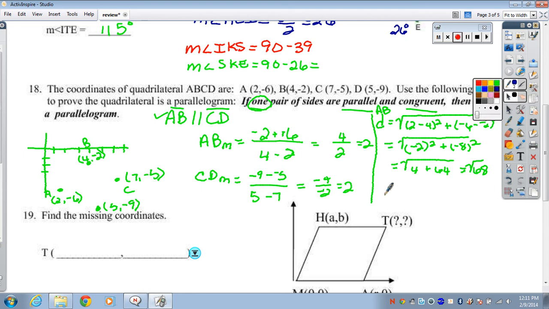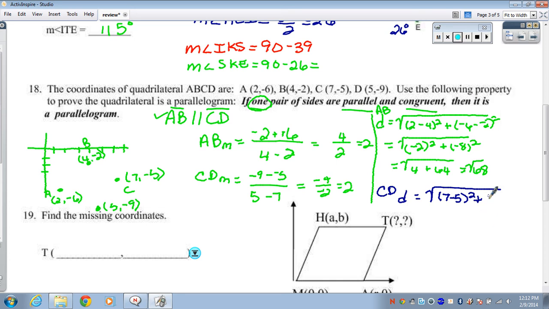So let's look at CD. d equals the square root of 7 minus 5 squared plus negative 5 minus negative 9 squared, and that is going to be 2 squared plus negative 5 minus negative 9, which is 4.